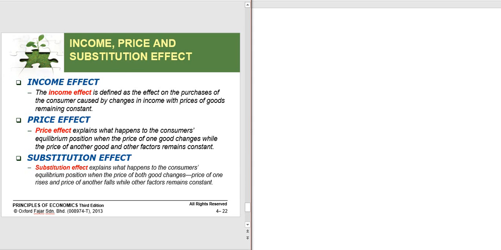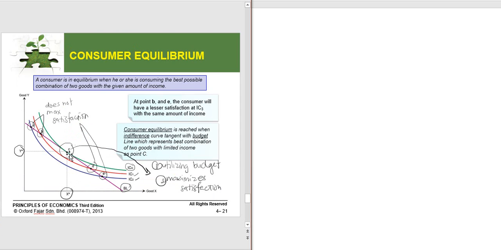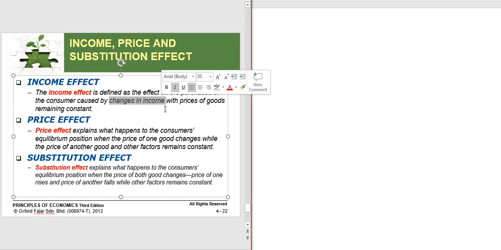When there is a change in the consumer's income, the consumer equilibrium will change because the budget is now different. Income effect is defined as the effect on the consumer's purchases caused by the change in income. Meaning when there is a change in income, the consumer equilibrium will also change.